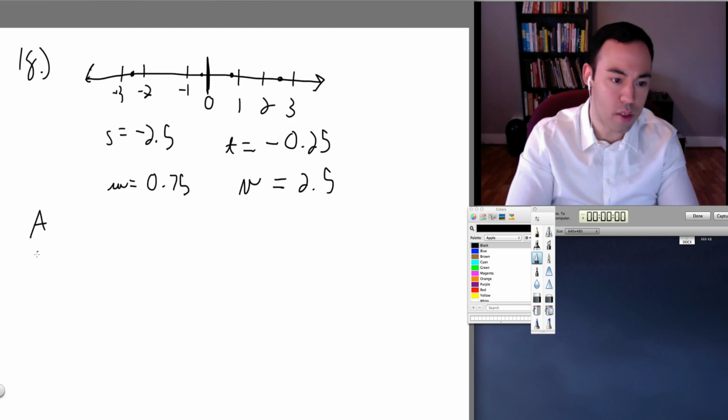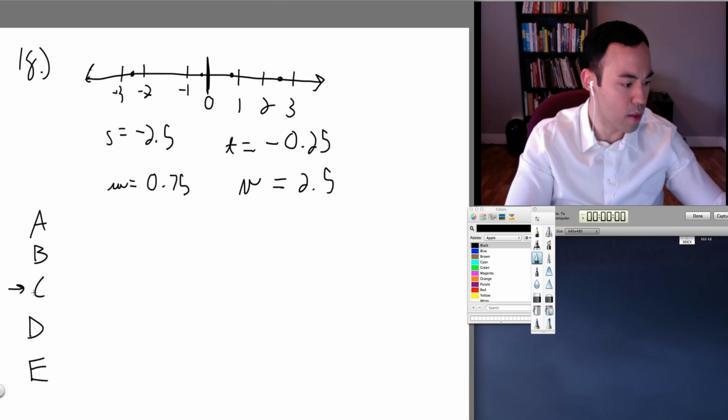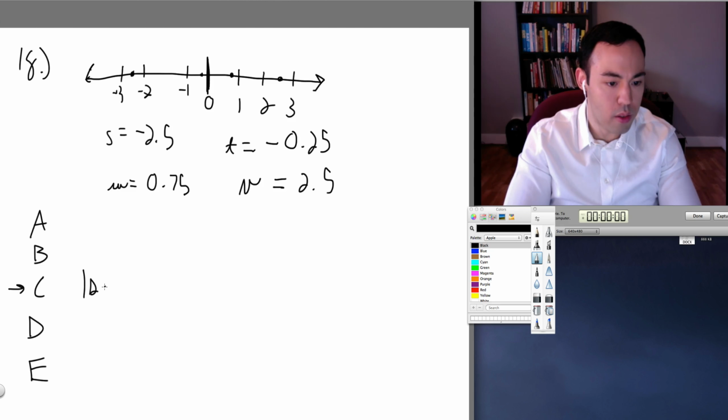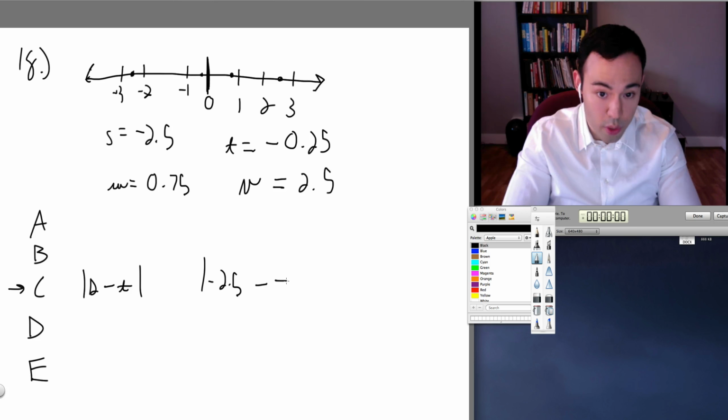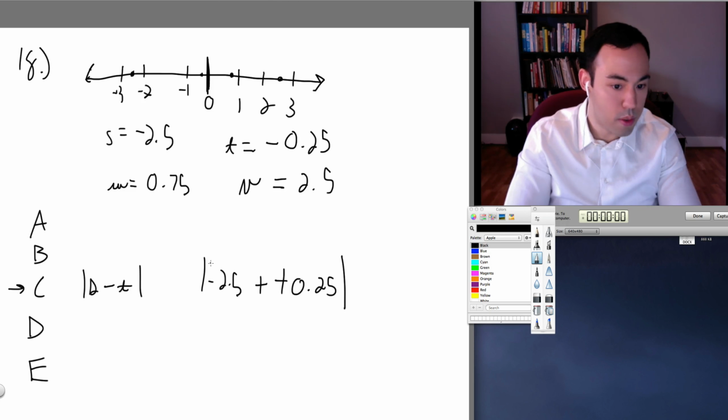Now let's start plugging and chugging and just do a process of elimination. And again, I like to start with answer choice C whenever I'm doing a plug and chug. So the absolute value of S minus T. S is -2.5, and we're going to subtract -1/4.